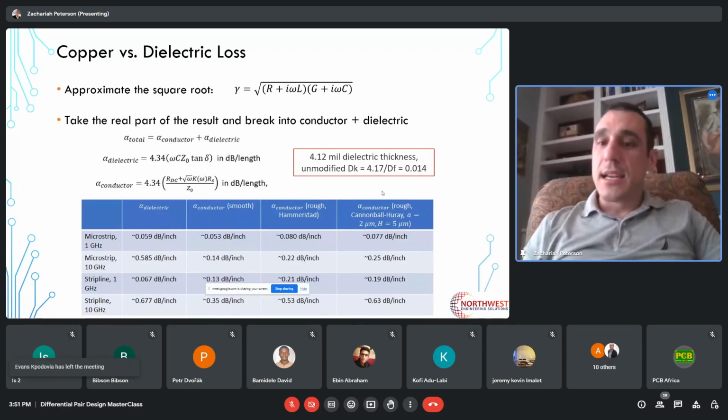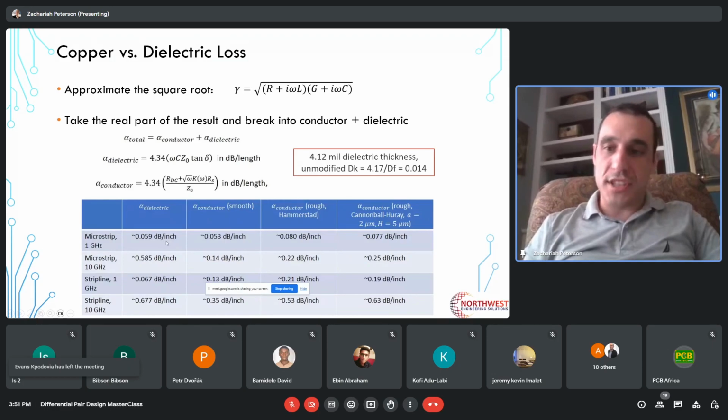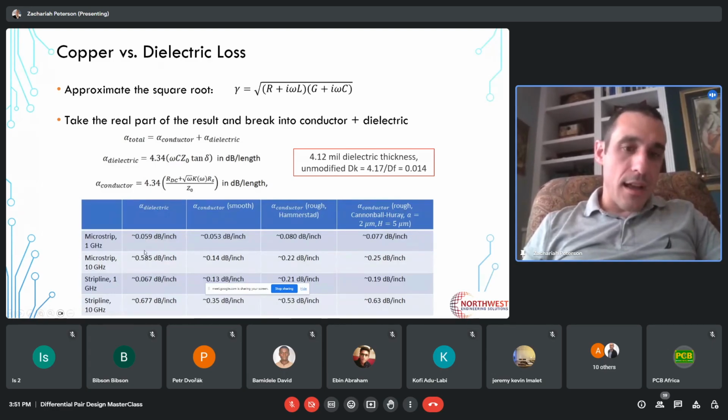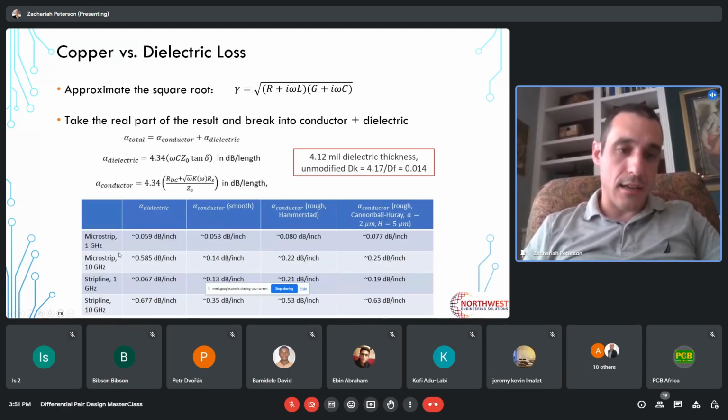That's basically a factor of 4 smaller, and that would get our microstrip losses down to about 0.015. We'd also have this loss at 10 gigahertz be smaller.